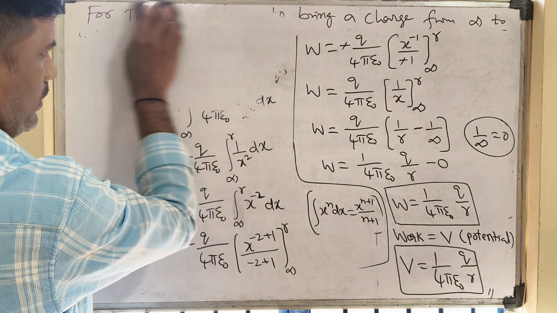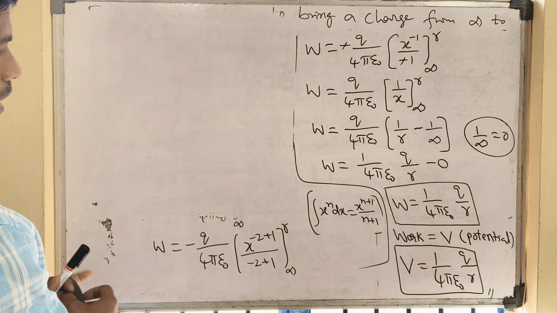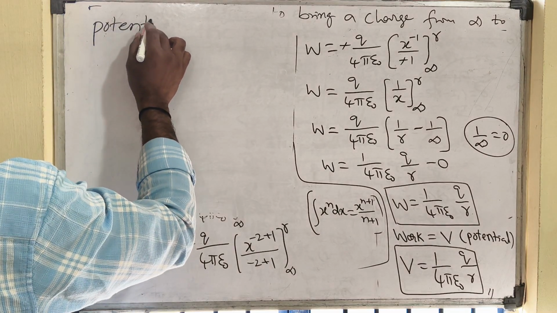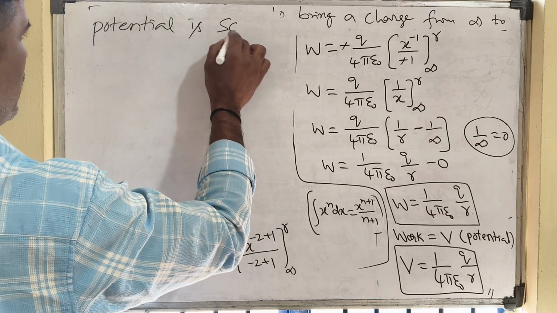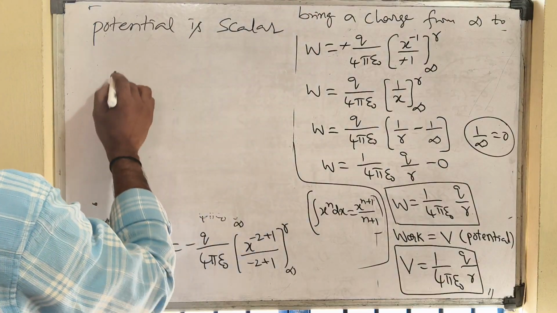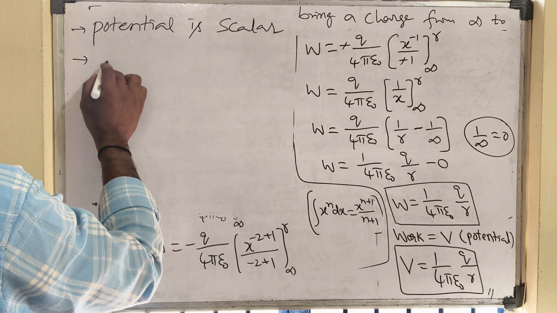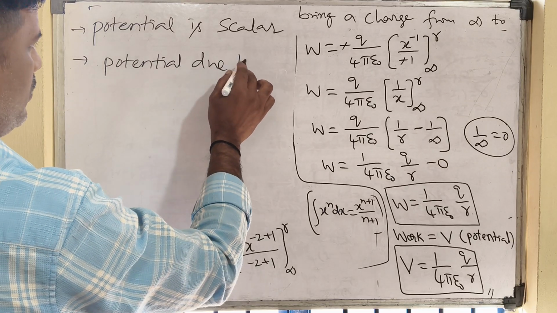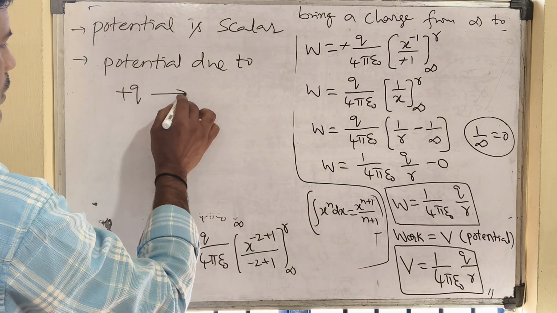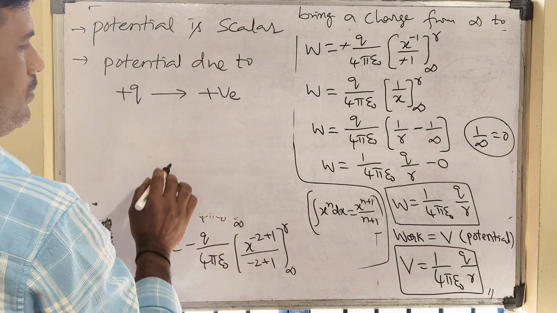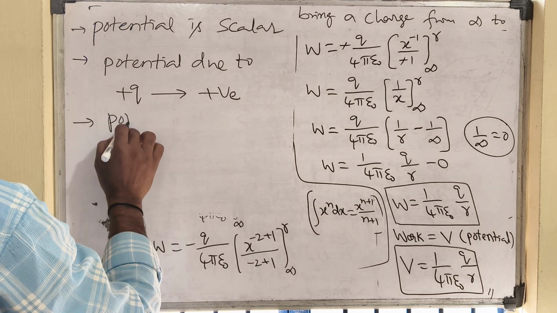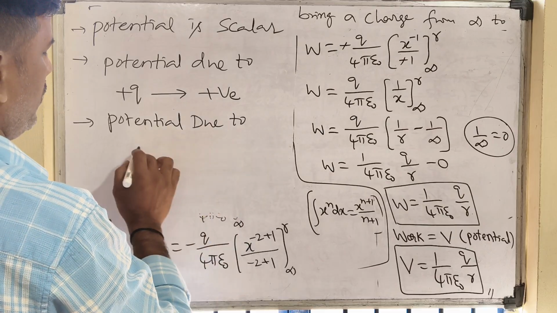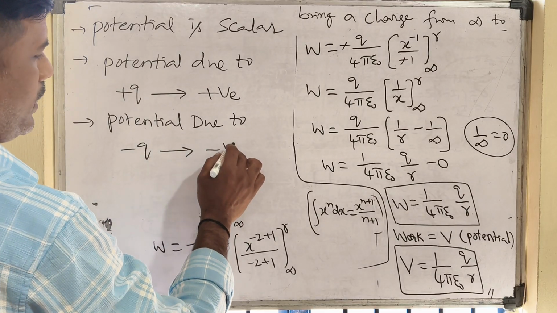Next, one important thing: potential is a scalar quantity. At the same time, potential due to a positive charge is positive, and potential due to a negative charge is negative.